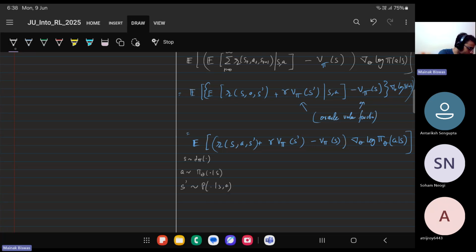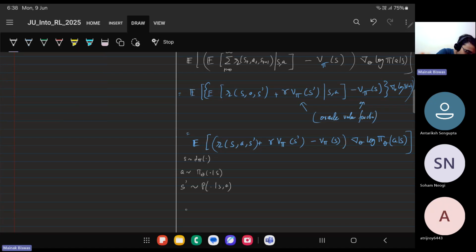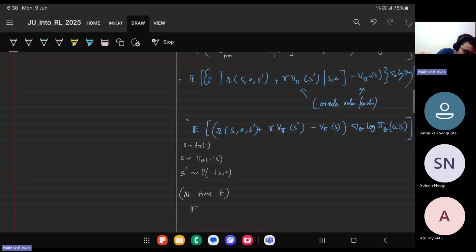So at a time t, I can write this as the expected value of the reward at st, at, st plus 1, plus gamma V pi of st plus 1.